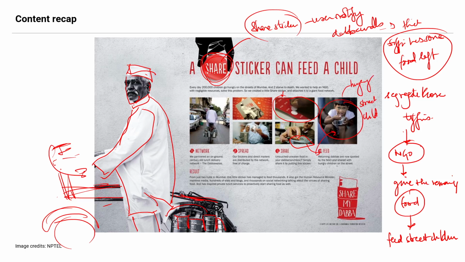They did this in collaboration with an NGO. So both the entities, the dabbawalas and the NGO, should be applauded for this kind of initiative. Obviously it required more effort, but it is being done for a greater cause.